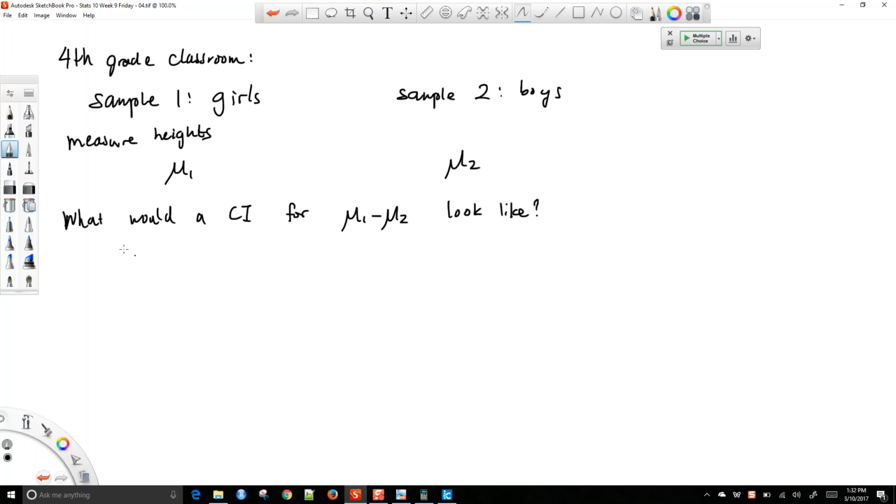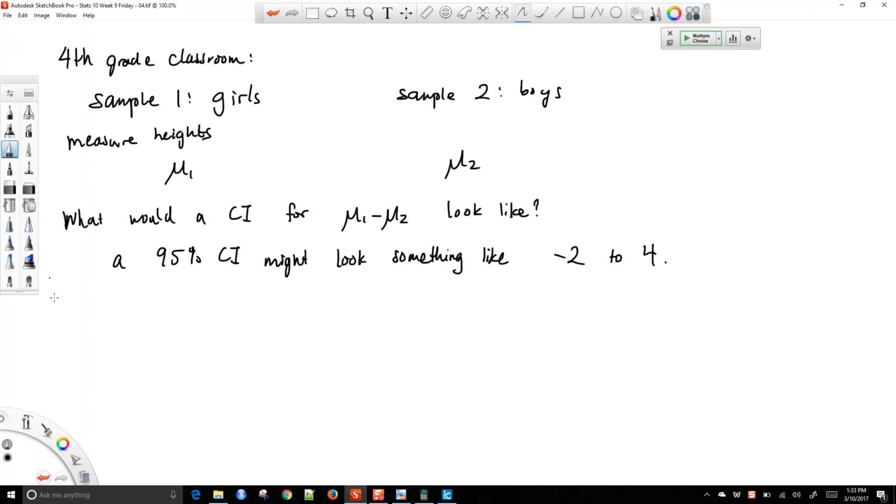And so if our sample is small, a 95% confidence interval might look something like -2 to 4.